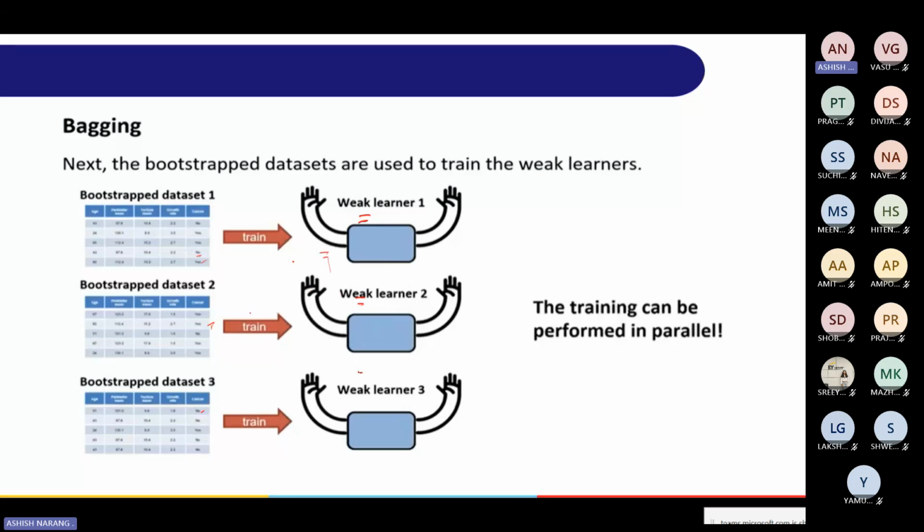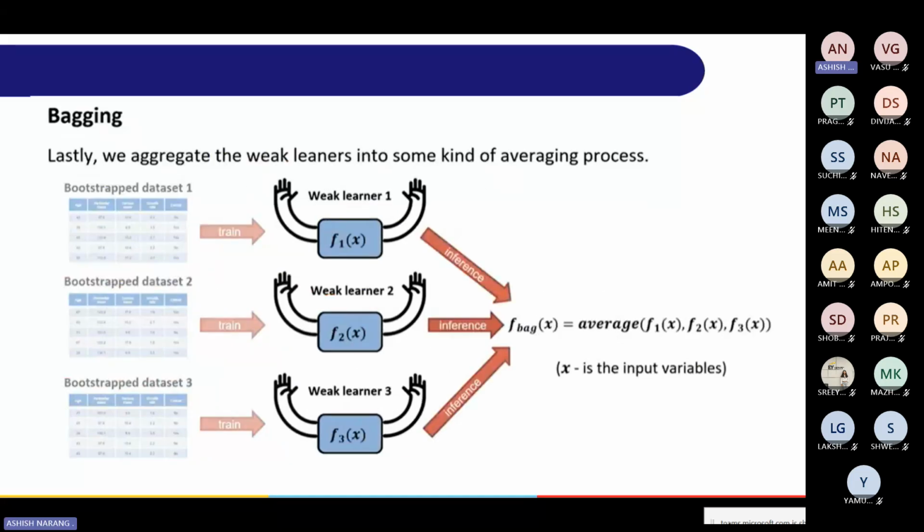And now what we are doing in bagging is bootstrap aggregation. That's what bagging is. So we will aggregate the results of the weak learners. This is f1(x), this is f2(x), this is f3(x).